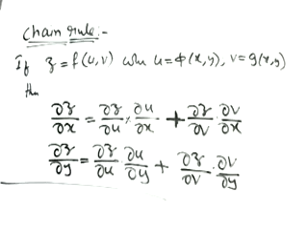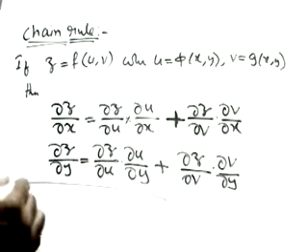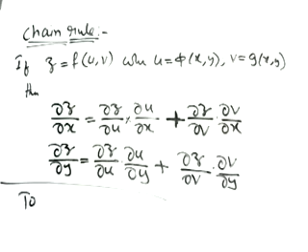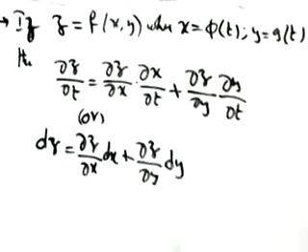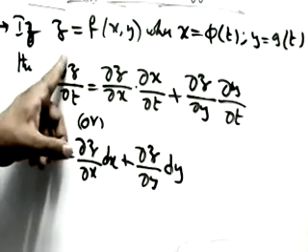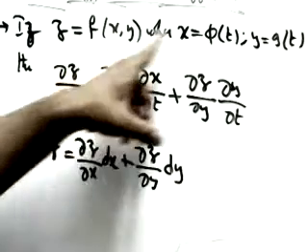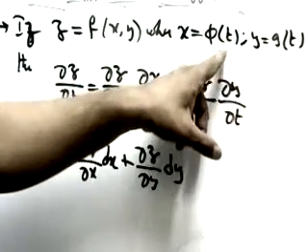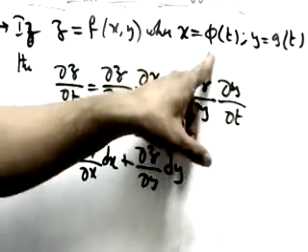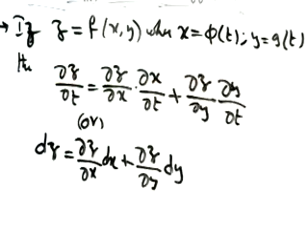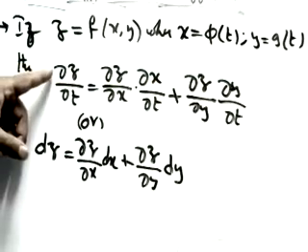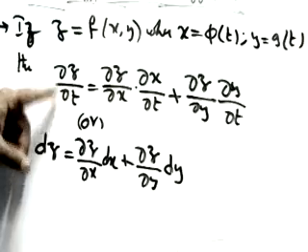And one more thing we have to write is the total differential coefficient. Suppose we have z equals f of x comma y, where x and y are functions of t: x equals phi of t, y equals g of t. Then what is the formula? Watch carefully.